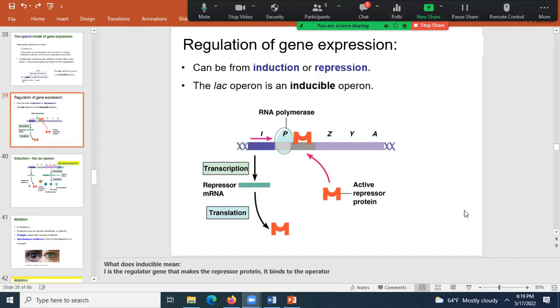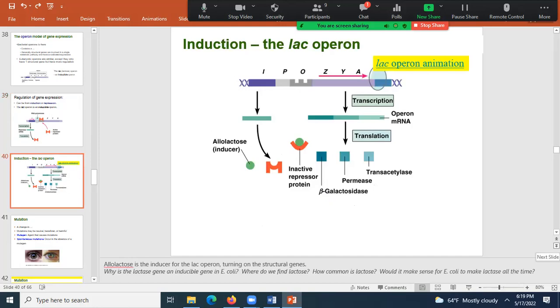And then the E. coli will turn on the lac operon to make the enzyme lactase whenever the sugar lactose is around. Whenever lactose is around, allolactose is around.